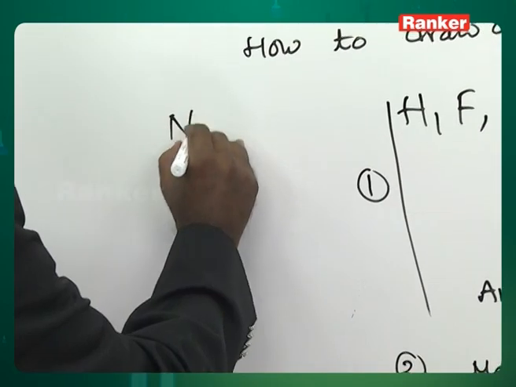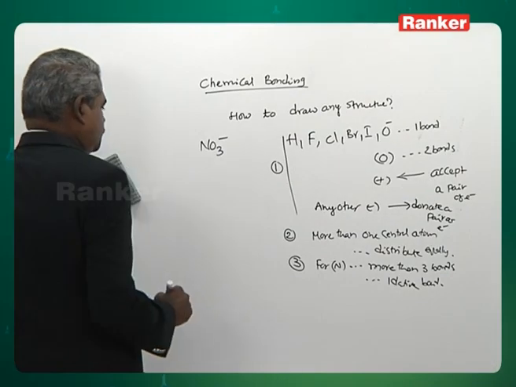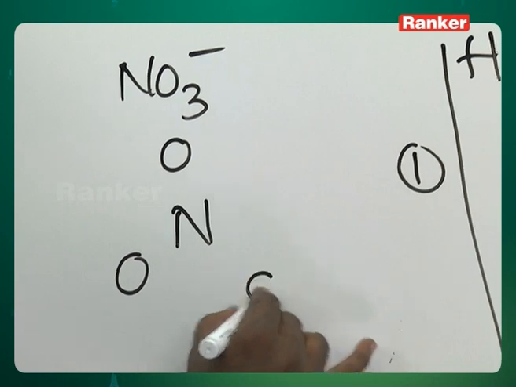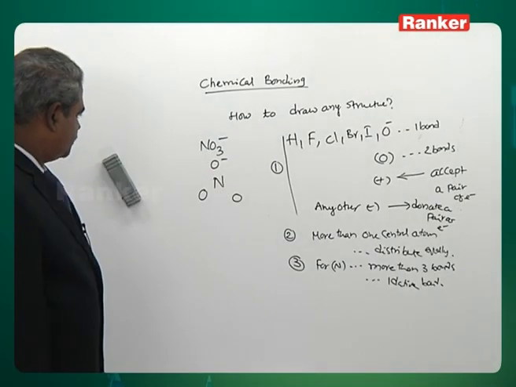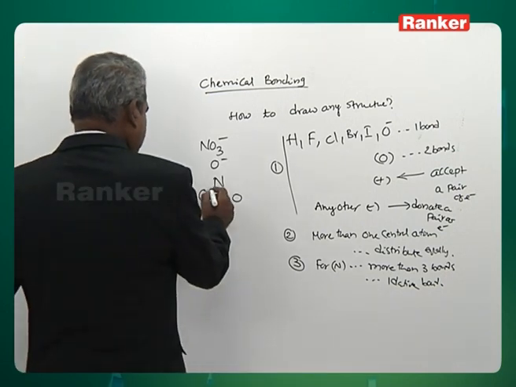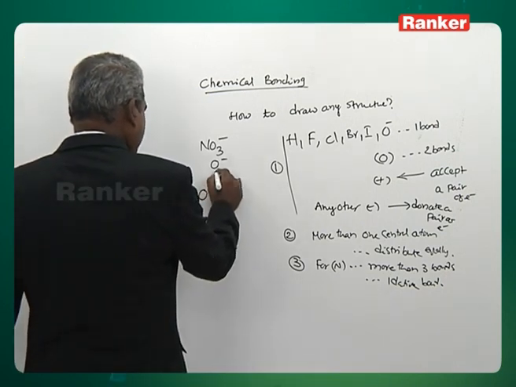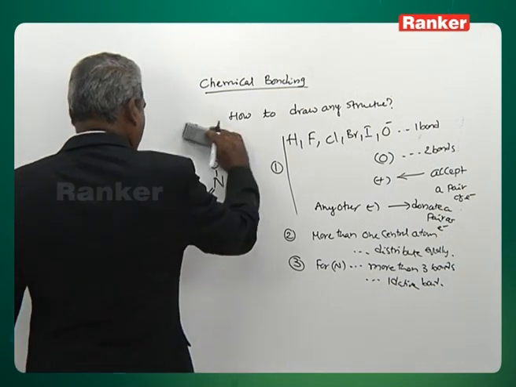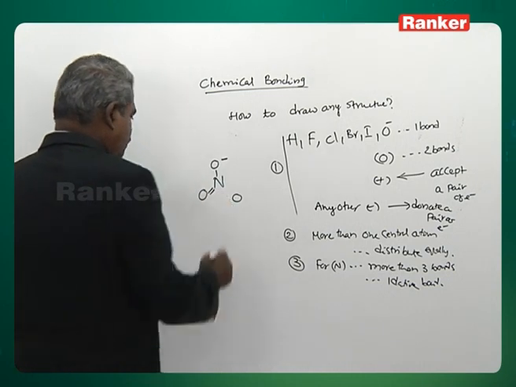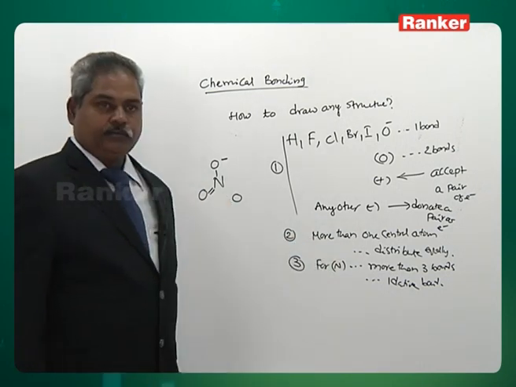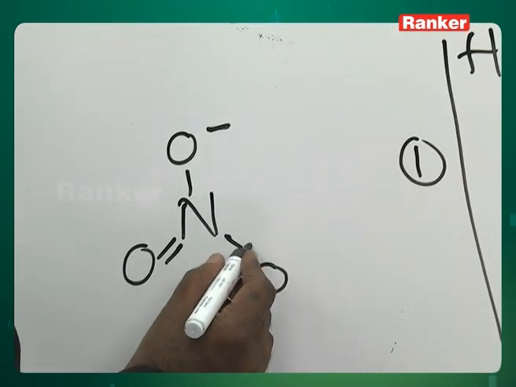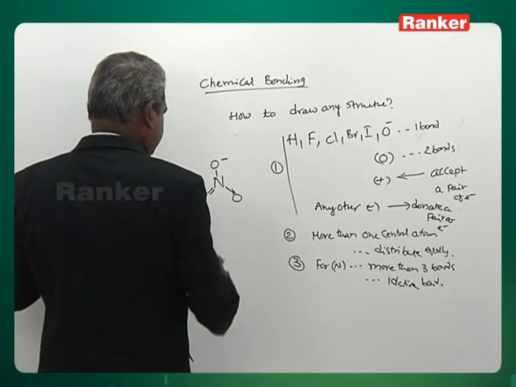NO3 minus: 1 nitrogen, 3 oxygens, one of them is a minus. Oxygen forms 2 bonds, O minus forms 1 bond, and therefore, what is the nitrogen? The quota of 3 bonds is over. Therefore, this must be a dative bond, coordinate covalent bond, like this.